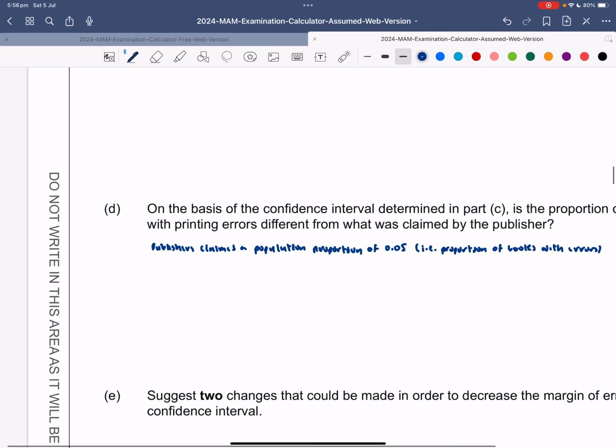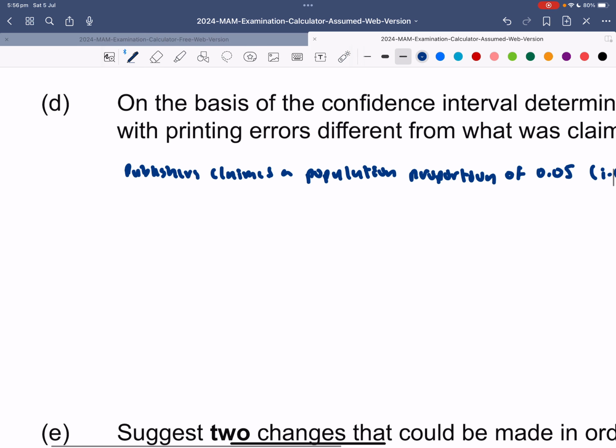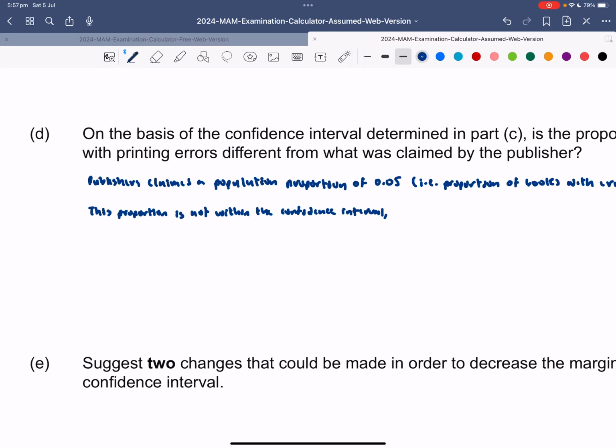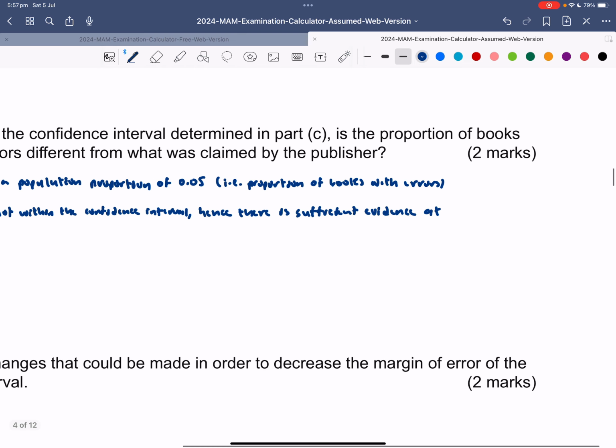This proportion is not within the 95% confidence interval, and hence there is sufficient evidence at the 95% confidence level.